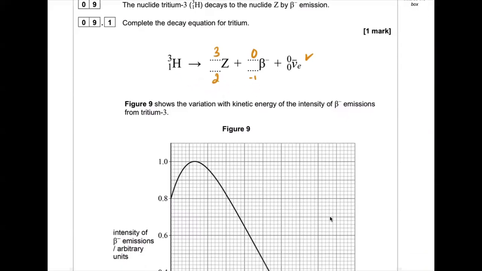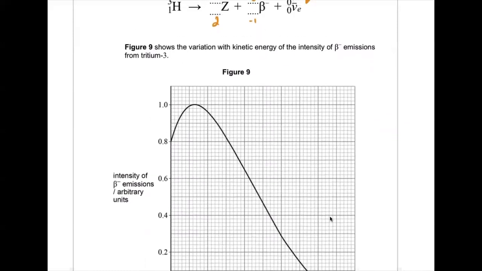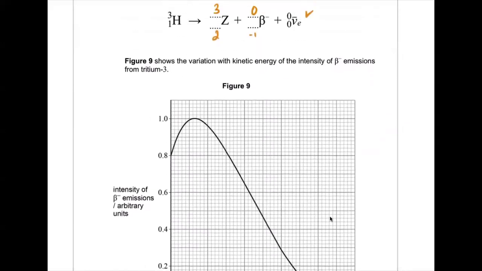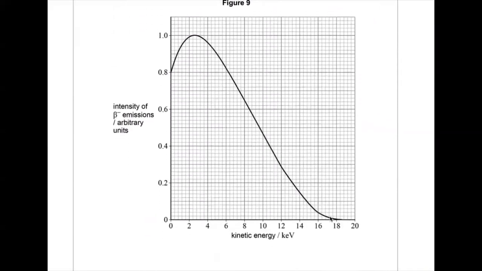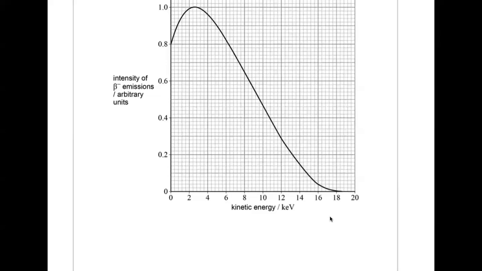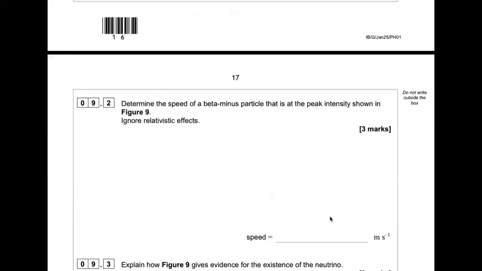The graph shows the variation with kinetic energy of the intensity of beta emissions from tritium-3. So you have intensity in some arbitrary units, you have kinetic energy in kilo electron volt, and you are asked to find the speed of a beta minus particle that is at the peak intensity shown in figure 9. Ignore relativistic effects.